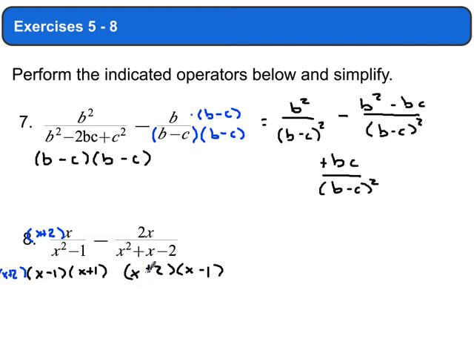So let's look at the right-hand side. We have an x plus 2 and an x minus 1, but I need an x plus 1. So we're going to multiply that to top and bottom. So x times x is x squared. So we end up with x squared plus 2x.